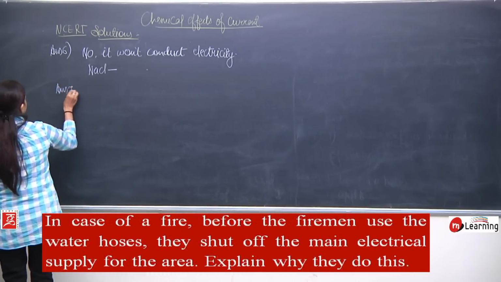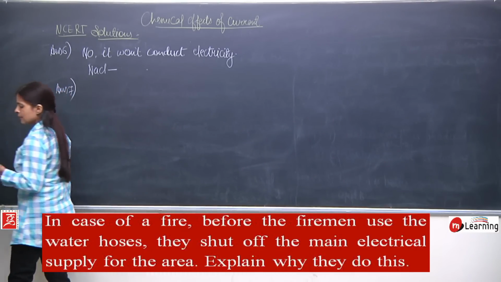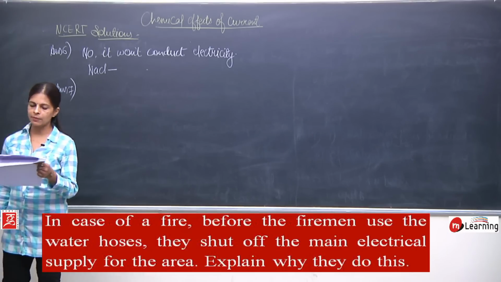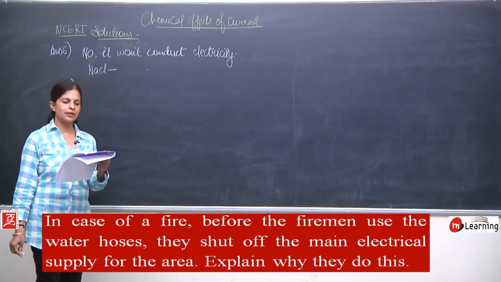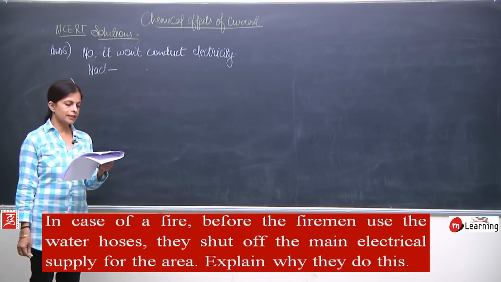Now the question was, in case of a fire, before the firemen use the water hoses, they shut off the main electrical supply for the area. Explain why they do this.